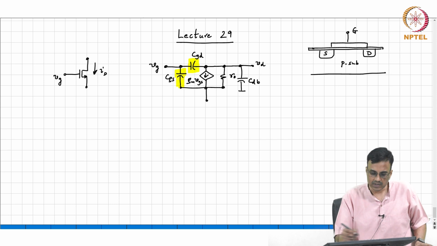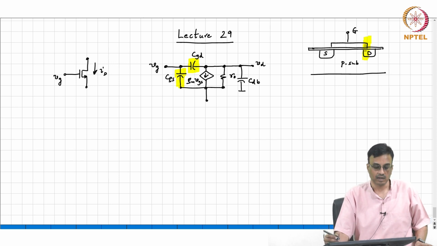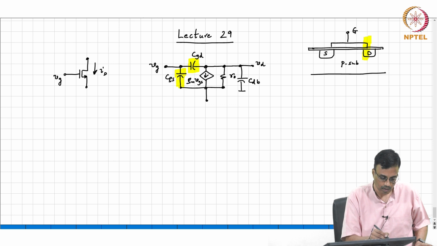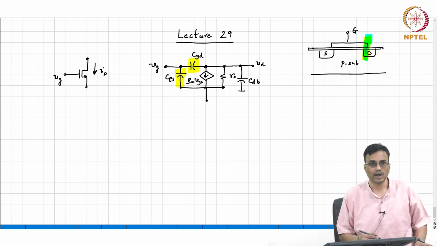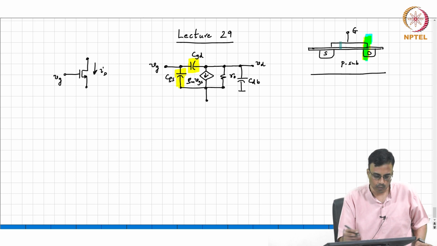The CGD physically comes from the overlap between the gate and the drain. I don't know if you are able to see this. The CGS is a lot more complicated.